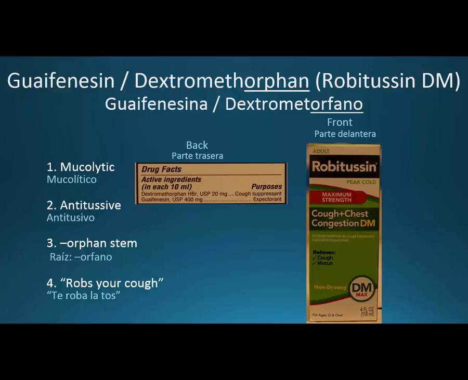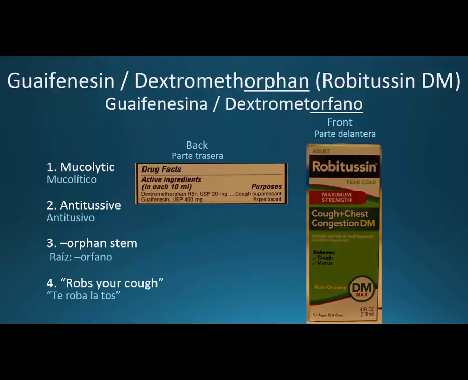Last one for this group, guaifenesin with dextromethorphan is Robitussin DM. So you would pronounce it guaifenesina y dextromethorfano. It's a mucolítico. It's an antitussive, antitussivo. And then orphan stem would be orfano.